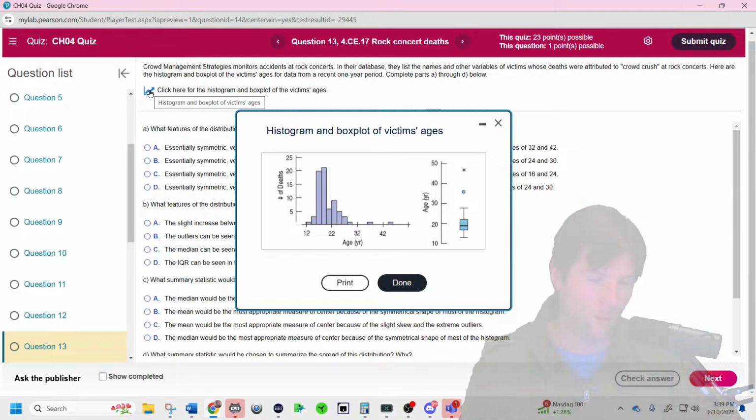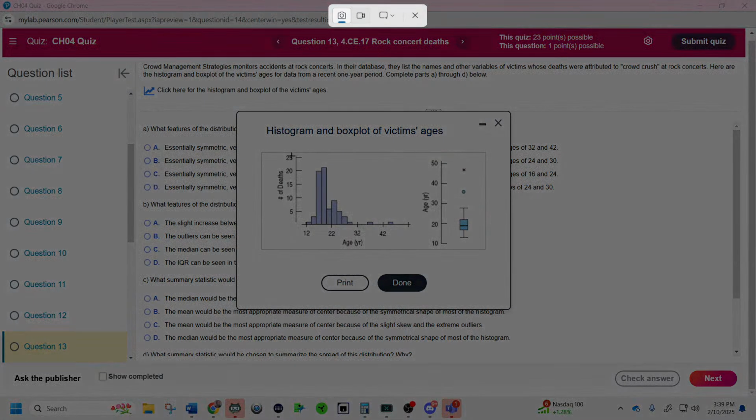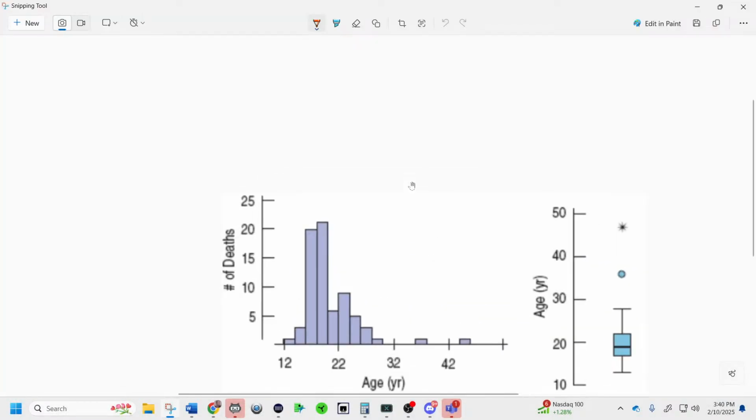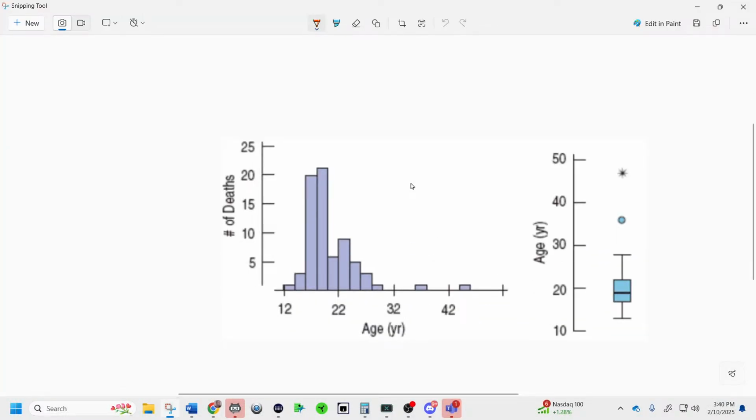Okay, we got a histogram and a box plot next to each other side by side. Pretty easy, clear to see that there's some high outliers over here. And we can kind of see what's going on with this. We have the vast majority of people, and this is a rather sad thing, people who have experienced crowd crush at a concert. Vast majority of people in the 17 through 22 range, which is the IQR, the middle 50%.